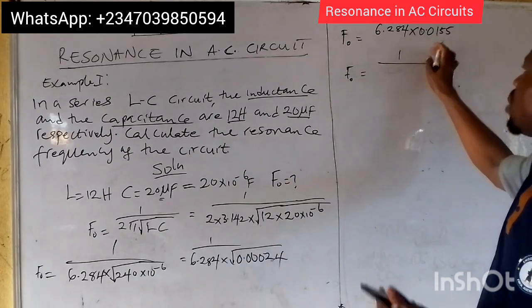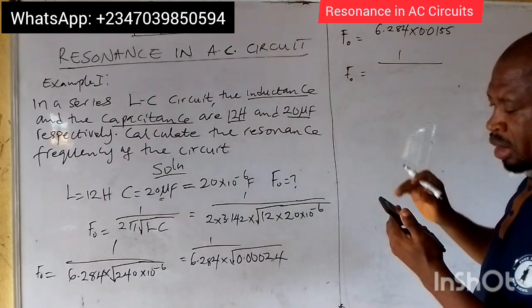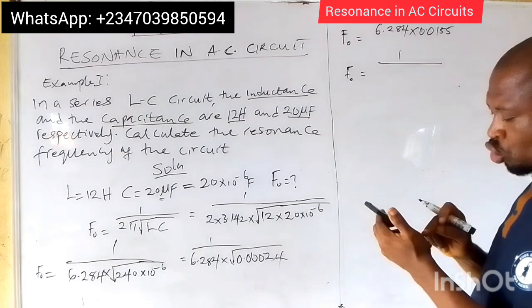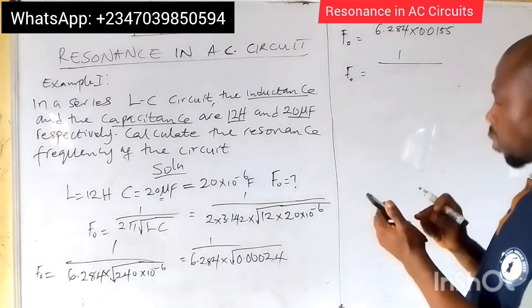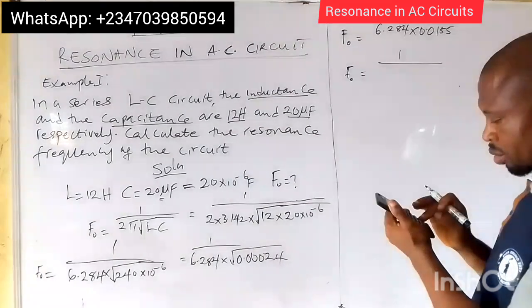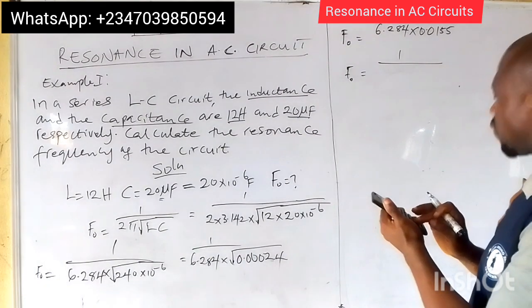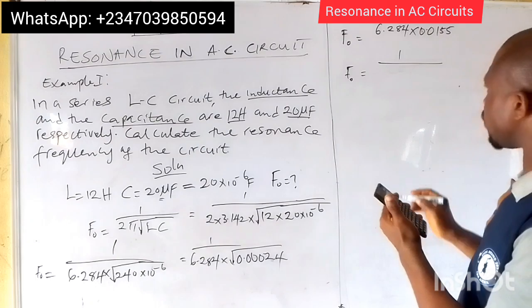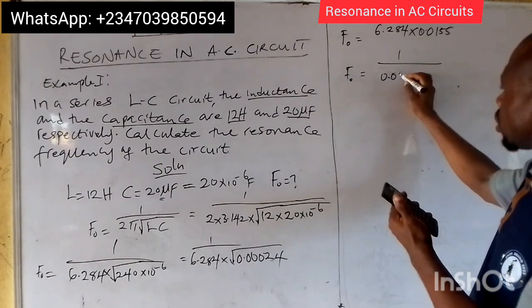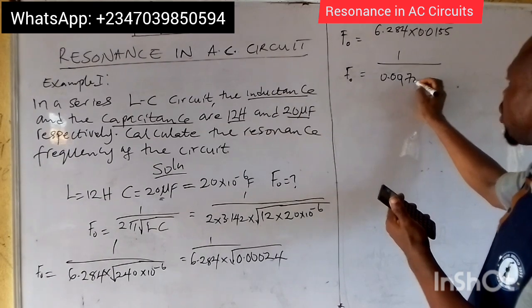Now, if you multiply 6.284 by 0.0155, it will give us 1 over 0.0974.